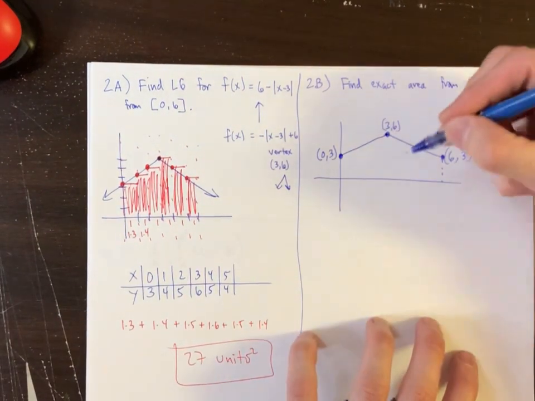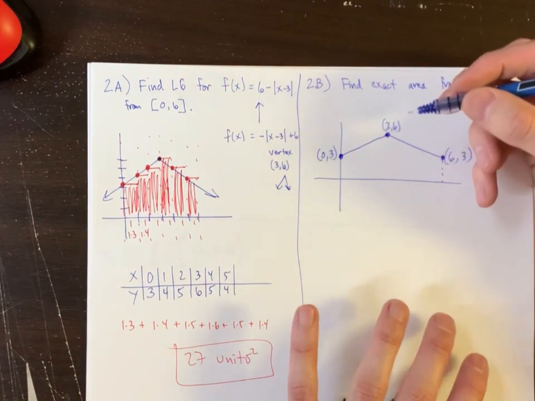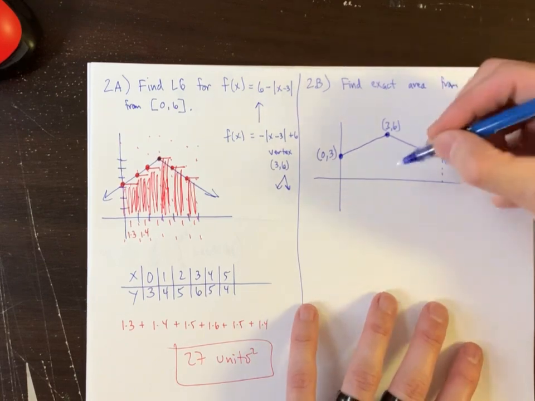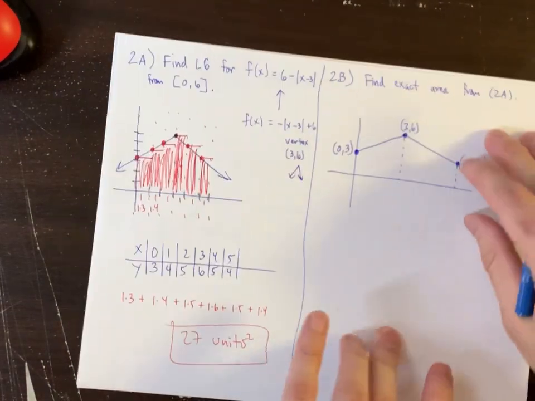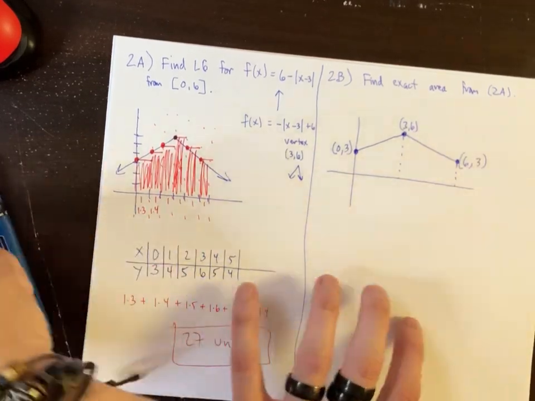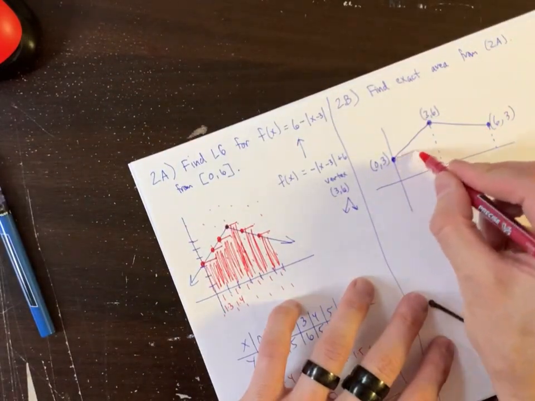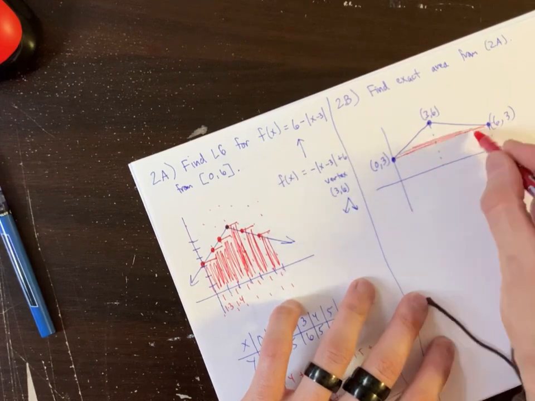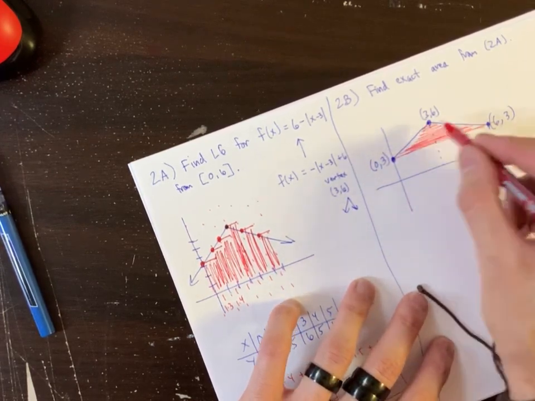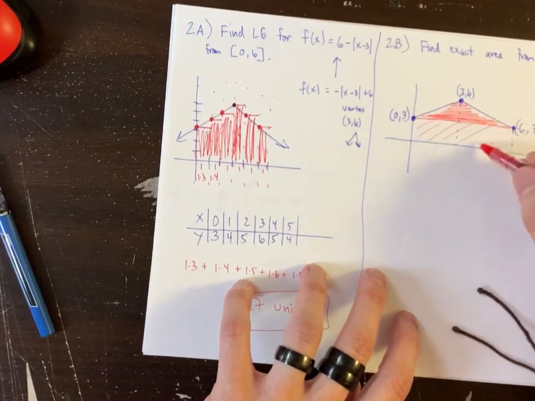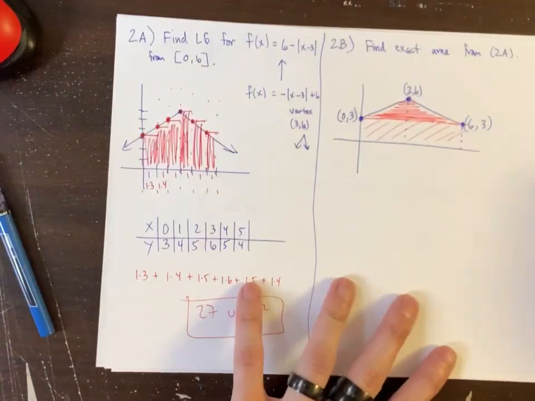So what you can do is, I mean, there's many different ways you can do this. You can look at it as 2 trapezoids, or you can look at it like this. You can look at it as this red triangle and this rectangle. It doesn't matter how you look at it, you'll get the same number.